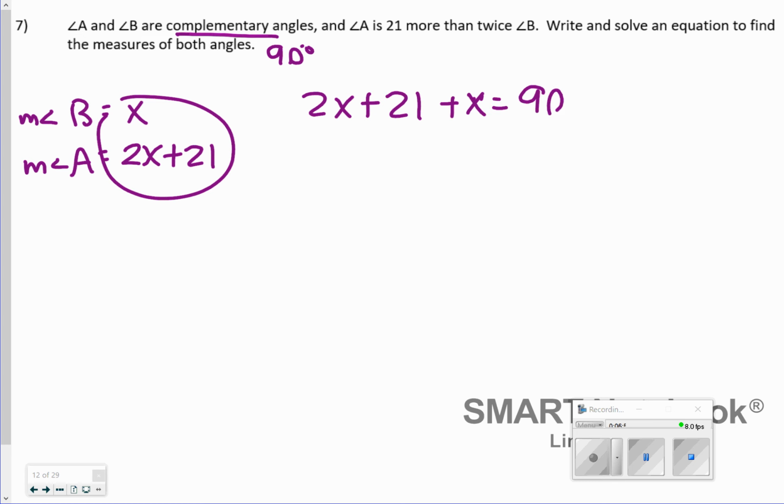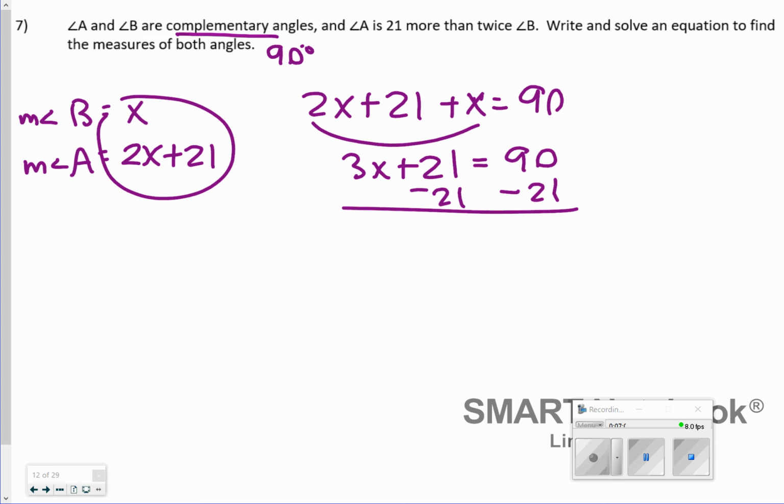I'm going to combine like terms. I get 3x plus 21 equals 90, and then subtract 21 from both sides. So I get 3x is equal to 69, and then I'm going to divide both sides by 3. I get x is equal to 23, but I'm not going to stop there because it says don't solve for x, find the measures of both angles.